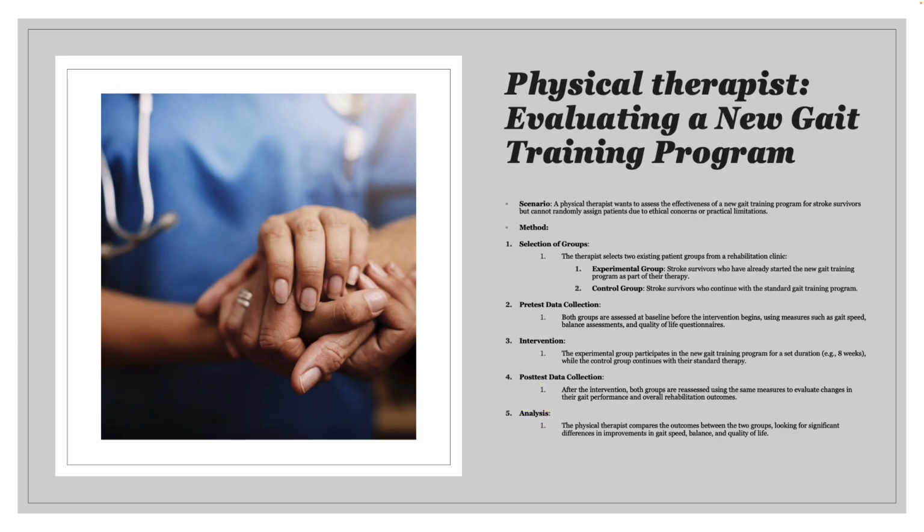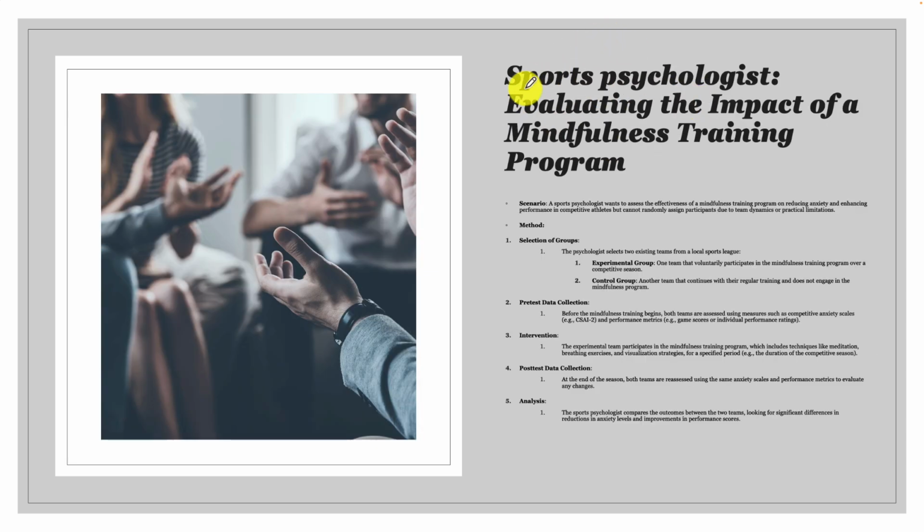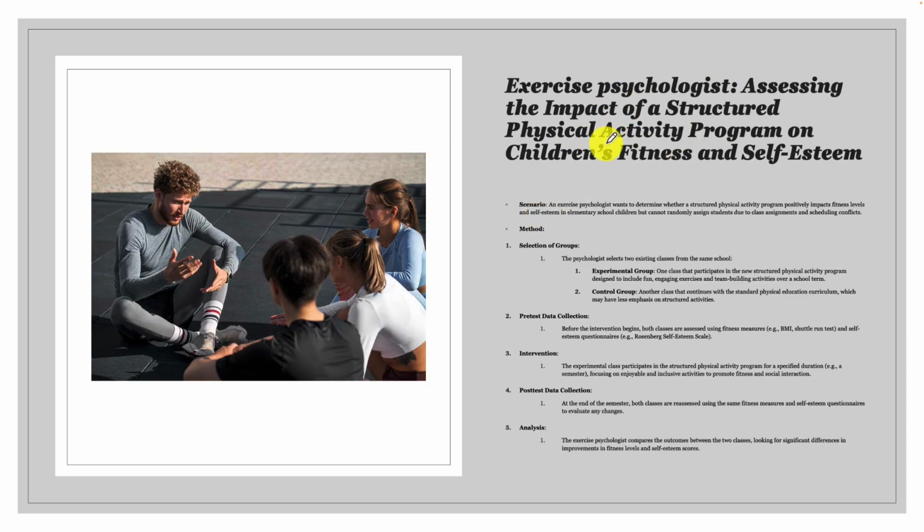So as I always do, I have a couple of examples here for you that you can read on your own leisure. Here's for my physical therapist talking about this quasi method. Here is for my sports psychologist talking about this quasi method. And this is for my exercise psychologist.